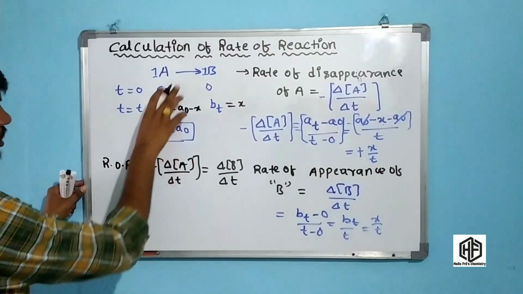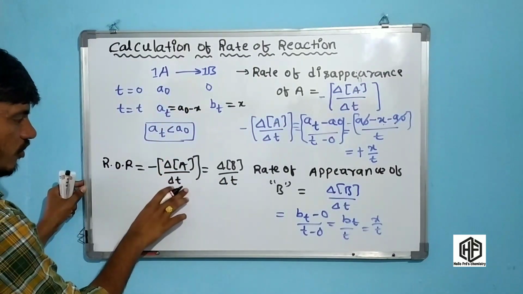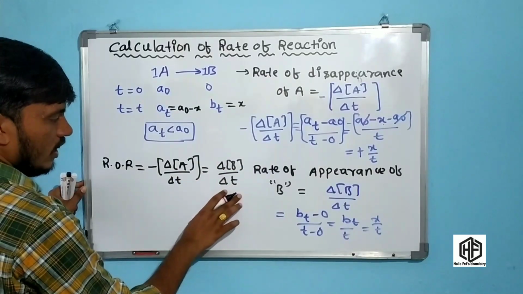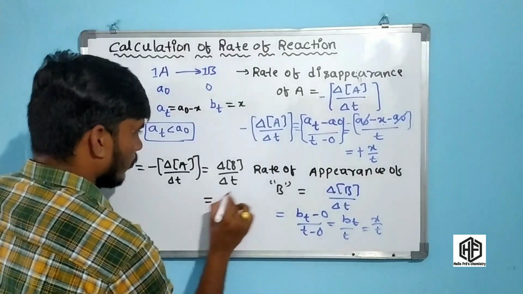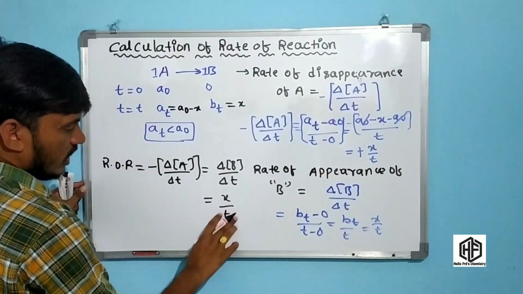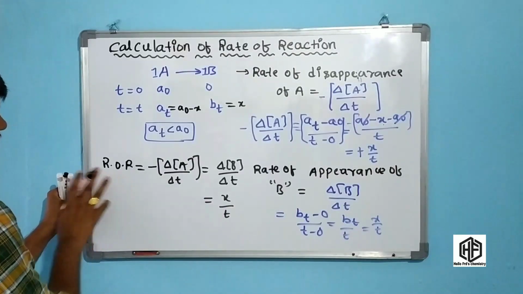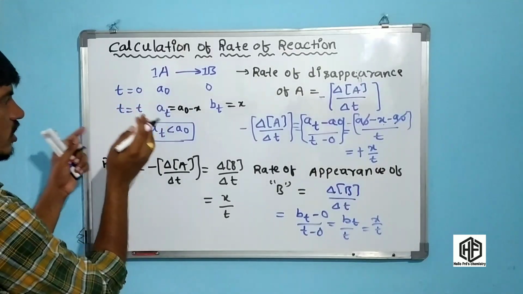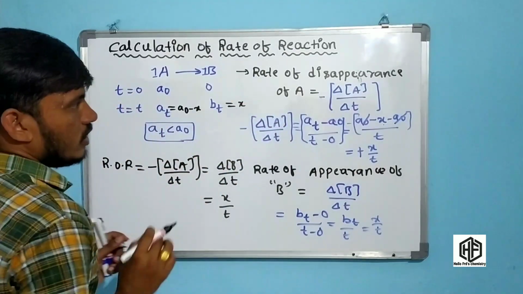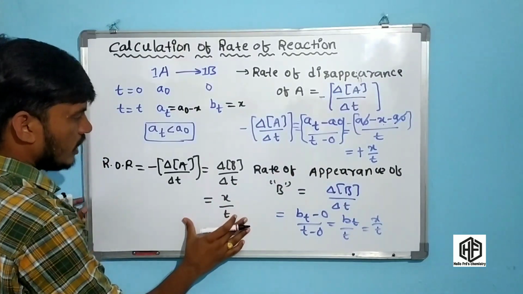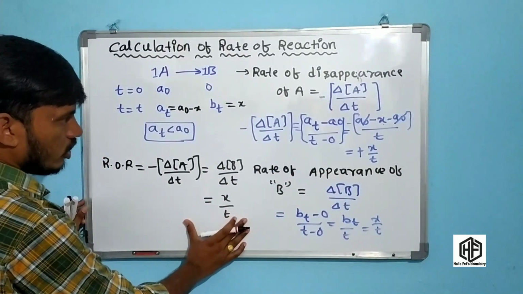The rate of reaction of this reaction is minus change in concentration of A by change in time, equal to change in concentration of B by change in time, equal to x by T. This is called the rate of reaction. It is nothing but the rate of disappearance equal to the rate of appearance. This is the basic concept of the rate of reaction.